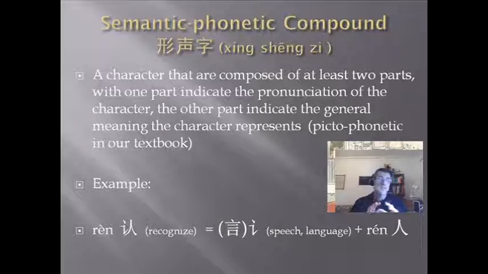So it's not going to give you a precise meaning, but it is going to give you that general meaning category. On the other side, and it's not necessarily left-right, it can be top-bottom, and you'll see some demonstrations of that shortly, you'll see there is the phonetic component.